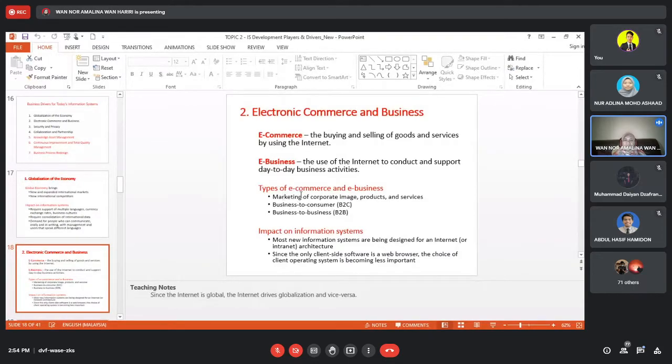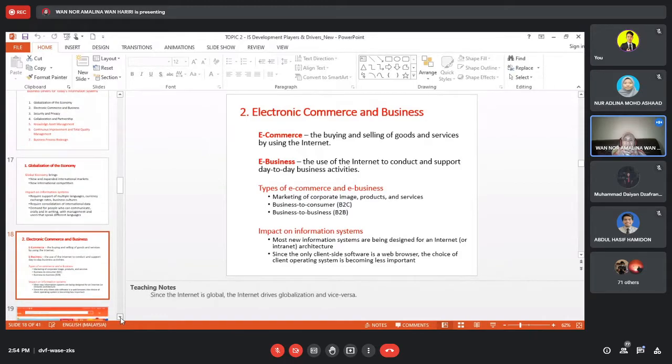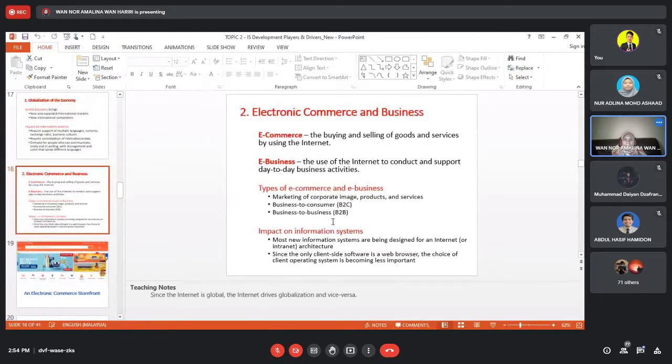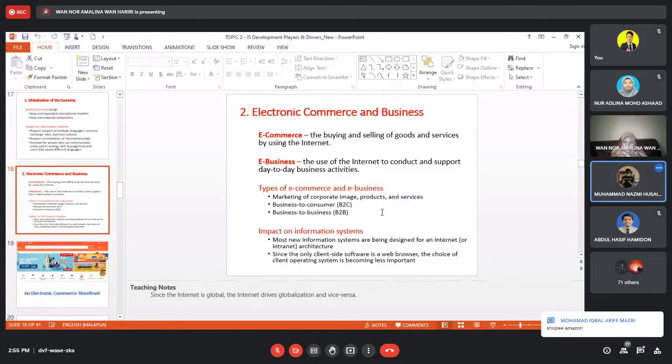So types of e-business and e-commerce, we have business to consumers and business to business. So apa contoh platform B2C? Yang you selalu pakai platform for B2C? eBay? Shopee.